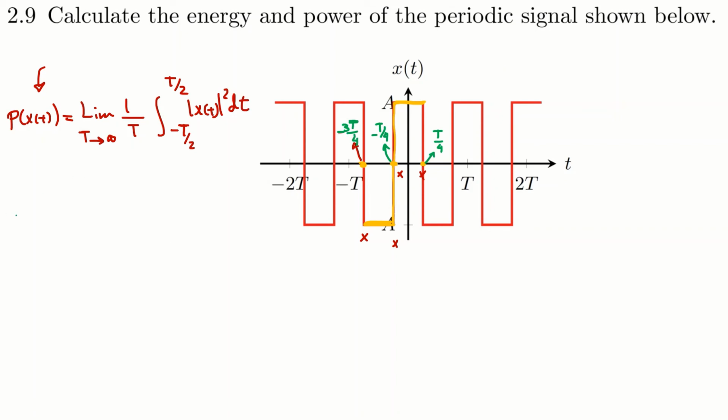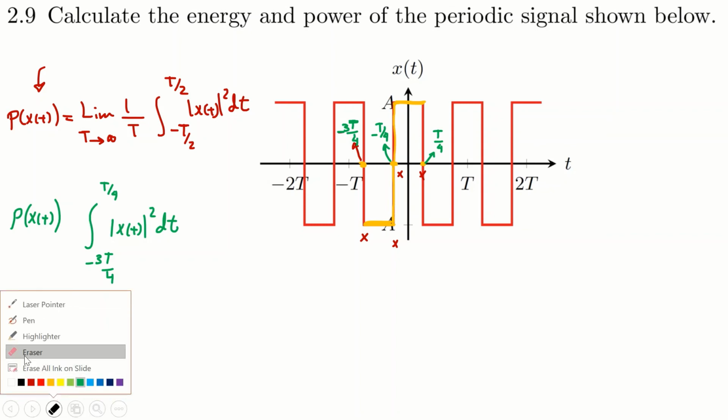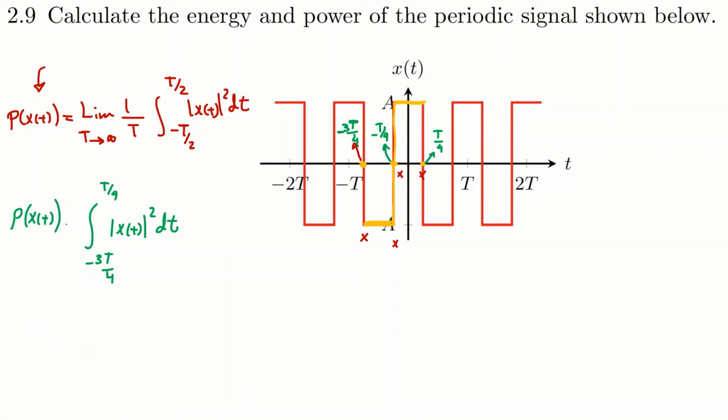So instead of calculating the power using this formula, for a periodic signal only, I can calculate the power of the signal like this: the integral of x(t) squared dt from minus 3T over 4 to T over 4, times 1 over T. So I can write 1 over T behind the integral.